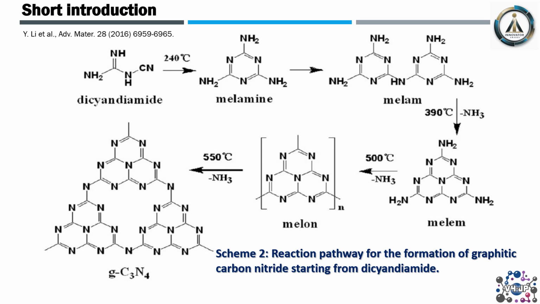So one cost-effective and scalable approach is the direct thermal polymerization approach, which can yield a higher amount of the assumed graphitic carbon nitride product.